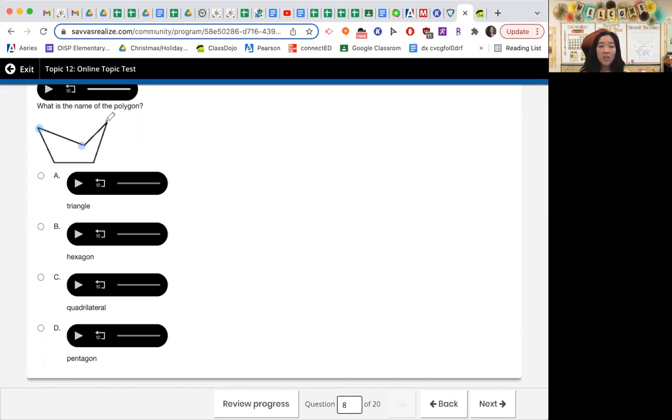So 1, 2, 3, 4, 5 vertices, or you can say it has 1, 2, 3, 4, 5 edges. So which of those has 5 edges or vertices? A triangle, a hexagon, a quadrilateral, or a pentagon?